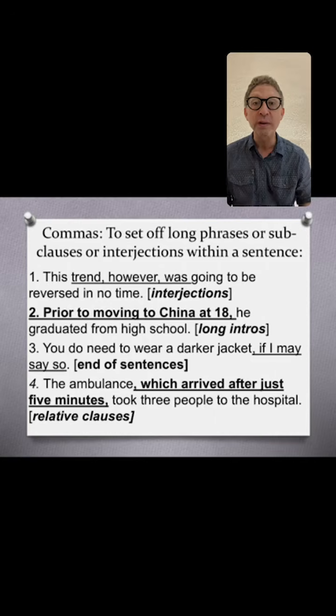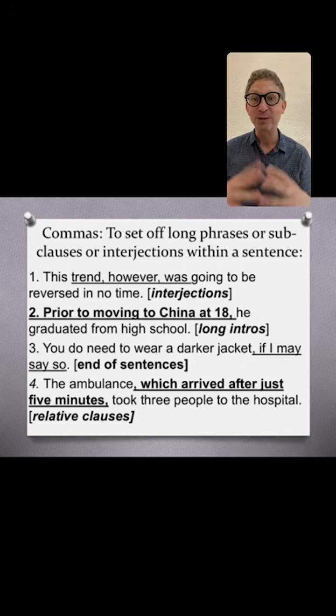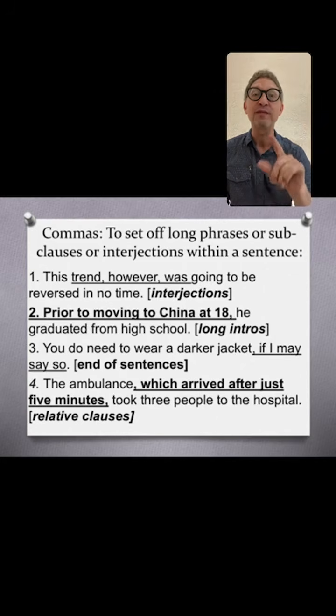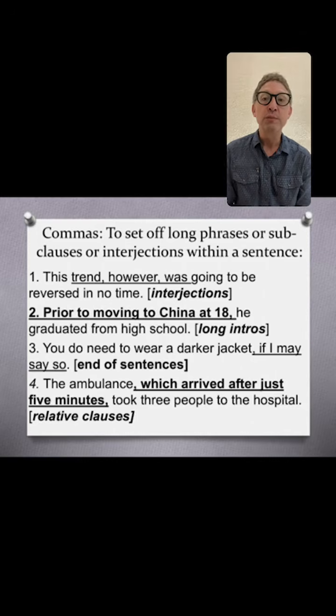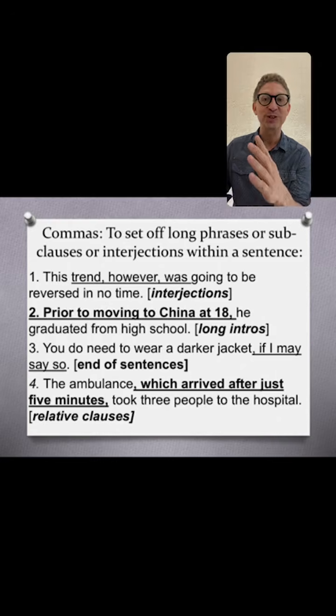Now, here we have long introductions. What's a long introduction? Most publishers or textbooks would say 5 or more words is a long introduction, and you should put a comma. 3 words, you probably don't need a comma. So, "Prior to moving to China at age 18," comma, that's the introduction.